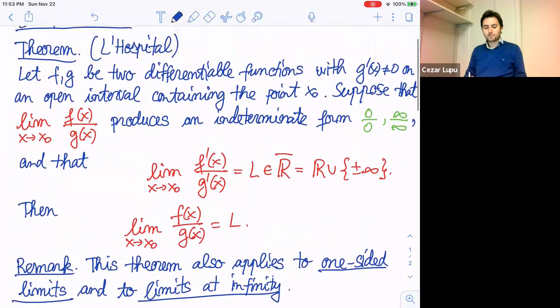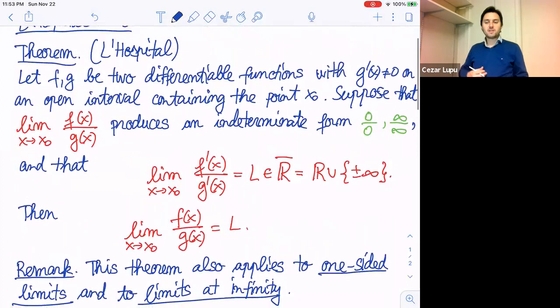So keep that in mind. We have seen limits at infinity. We have seen how to compute them, and so on.